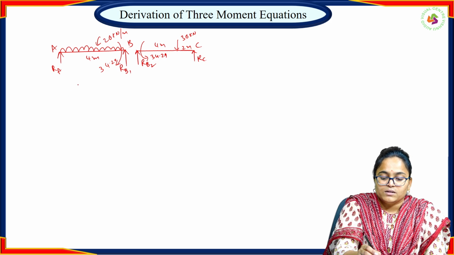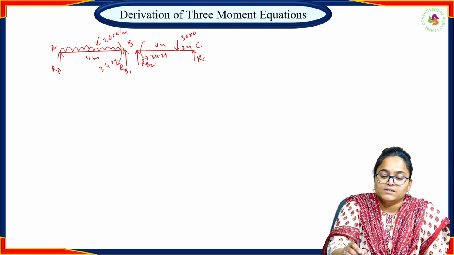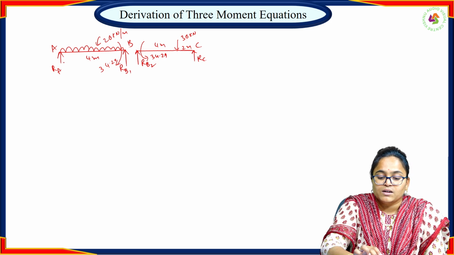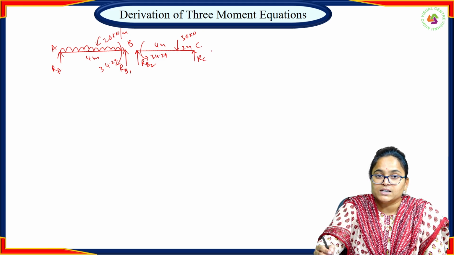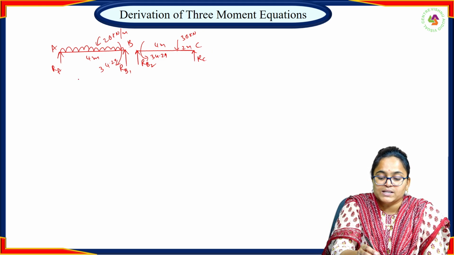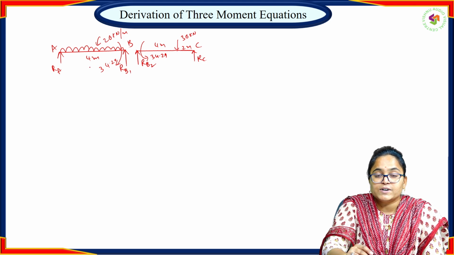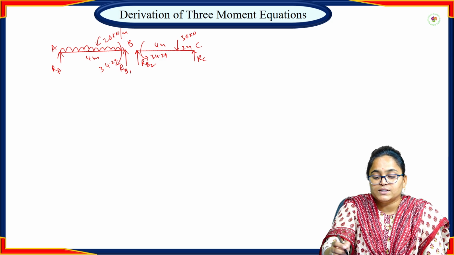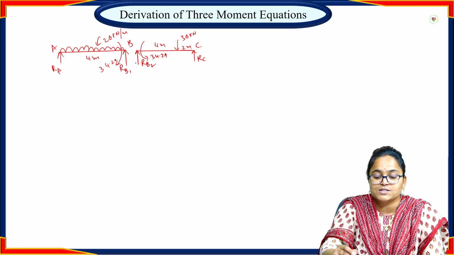Now, to find the support reactions RA, RB and RC, take the moments about A for AB span, then we'll get reaction at A and reaction at B for span AB. Now after that, take the moments about C, or we can take moments about B also.